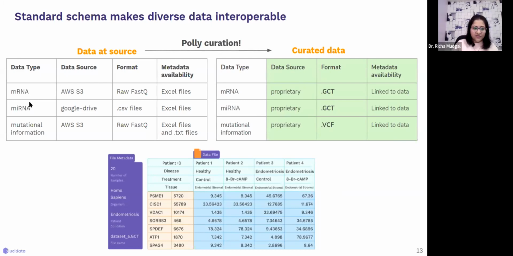It was transcriptomics data, and they also had microRNA information and mutation information. This data came from different sources, shared with us either on an S3 bucket in a raw FASTQ format, or in CSV format in a few folders and drives.